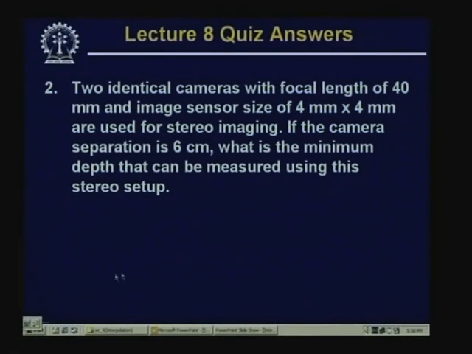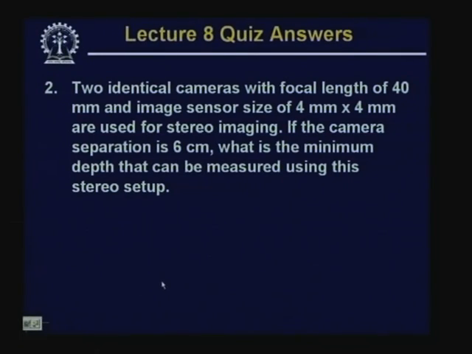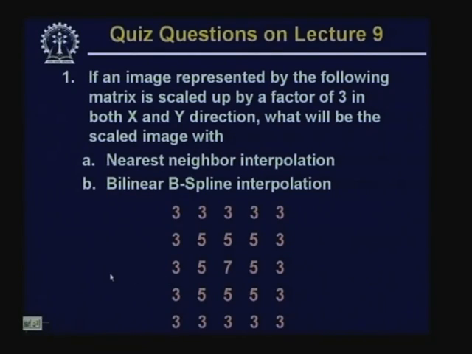Now, coming to today's questions. Question number 1: if an image represented by the following matrix is scaled up by a factor of 3 in both x and y directions, what will be the scaled image with nearest neighbor interpolation and bilinear B-spline interpolation?